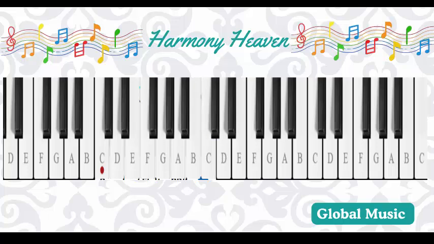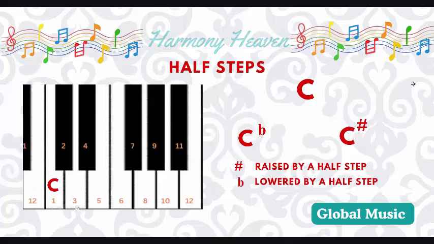That's excellent. Now we are ready to understand sharps and flats. Sharp is when it's a half step forward, or raised by a half step, and flat means when it's lowered by a half step. So let's explore this.